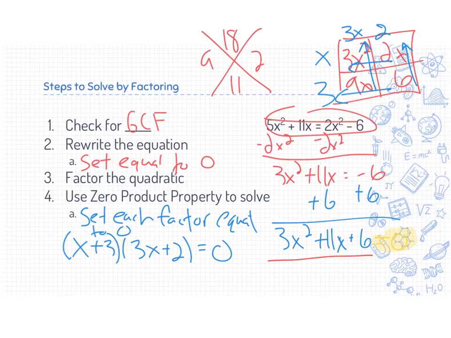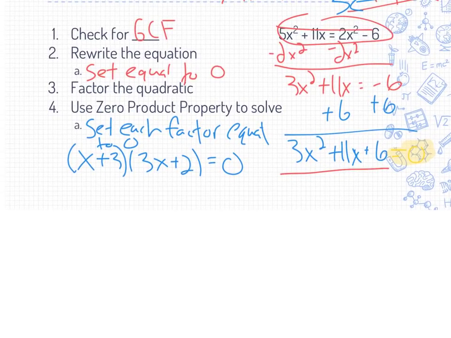Which means we go x plus 3 equals 0 and 3x plus 2 equals 0. And then from there we solve.